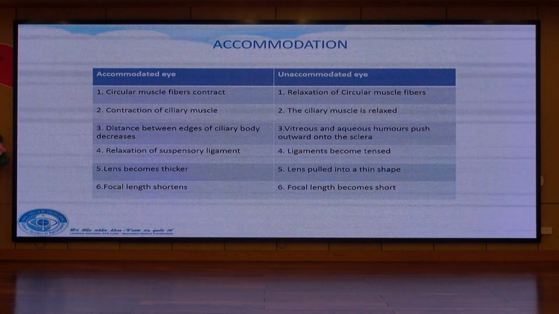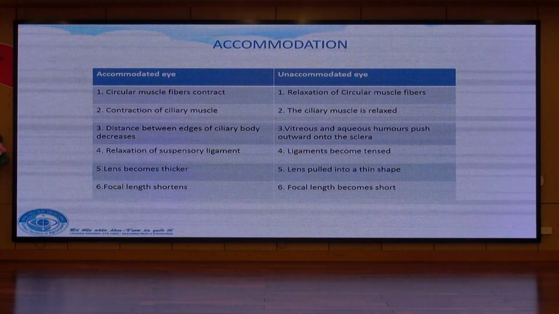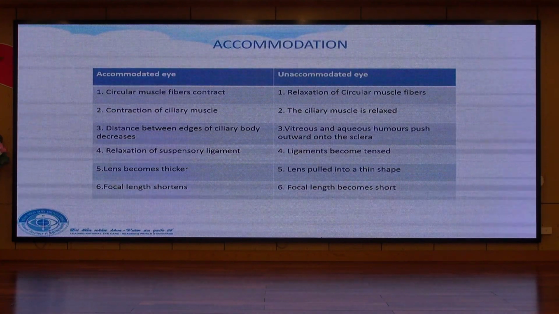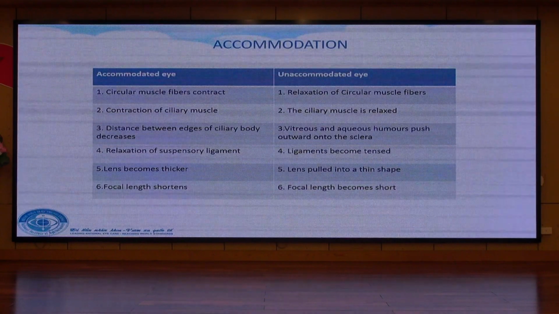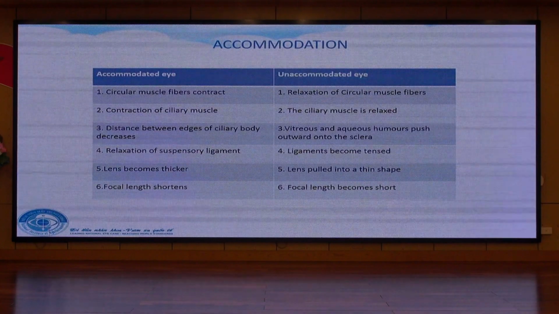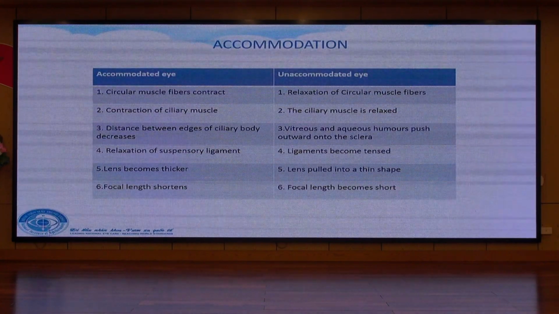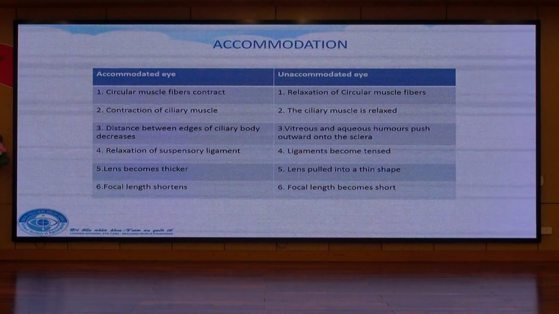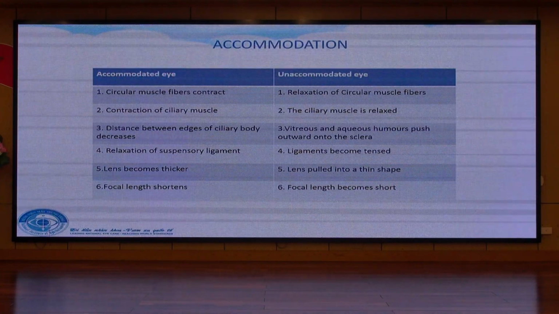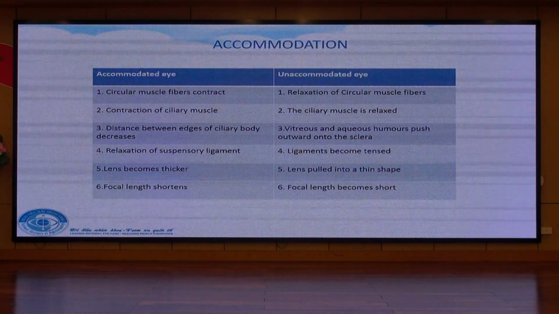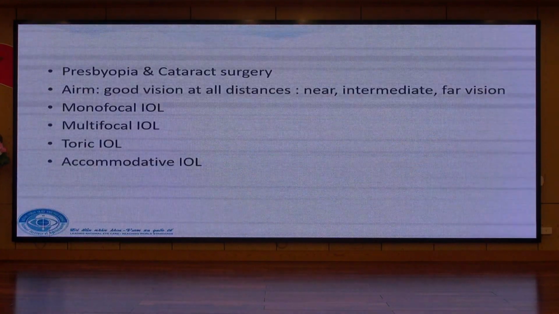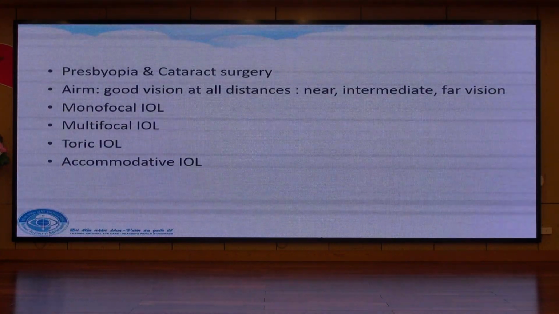And when viewing a near object, accommodation occurs. The ciliary muscle contracts, allowing the lens to go back into a thicker and more convex form.